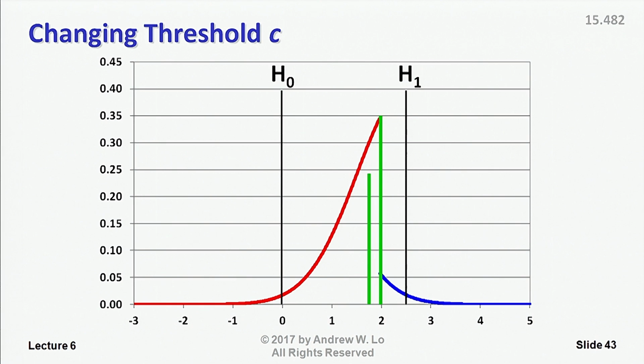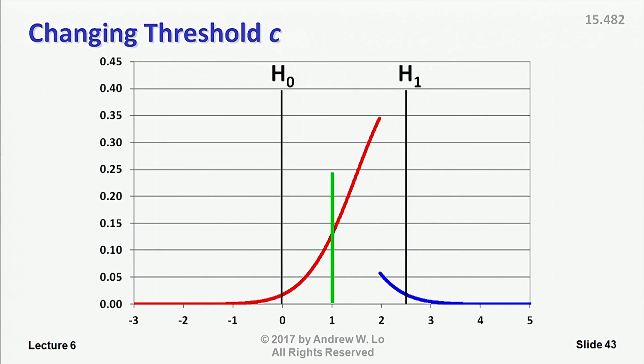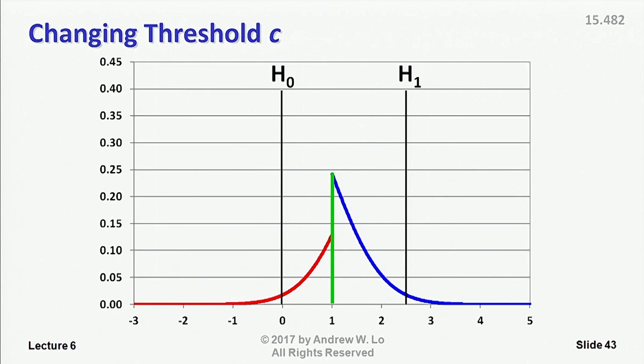Suppose we move the threshold over a little bit. And instead of using 1.96, what if we use 1? If we used 1 as the threshold, then what we get is a very different trade-off between type 1 and type 2 error. Now we've got a much higher probability of false positives, but we have a lower probability of a false negative. And for something like pancreatic cancer, this might be an interesting alternative.